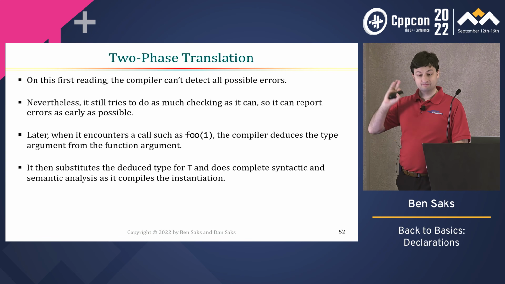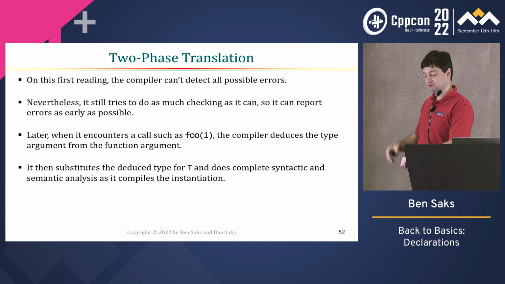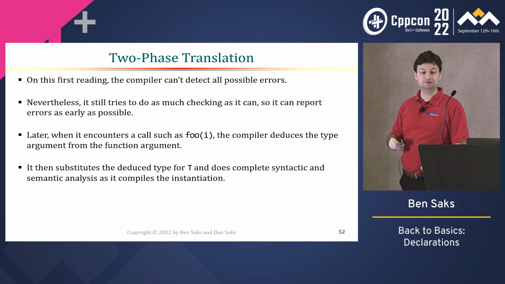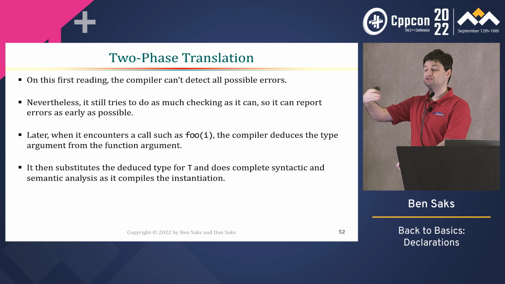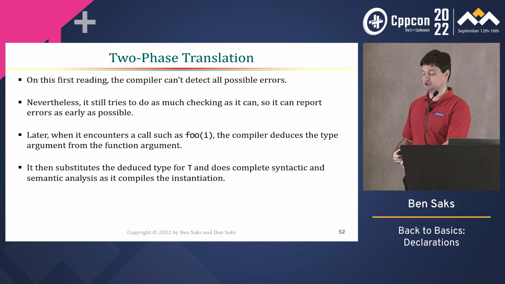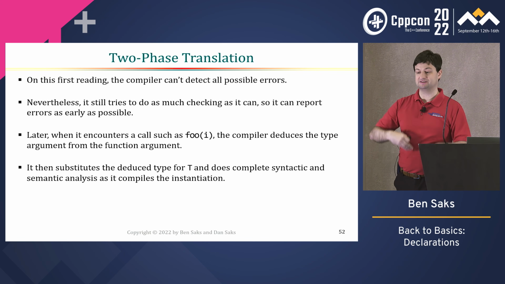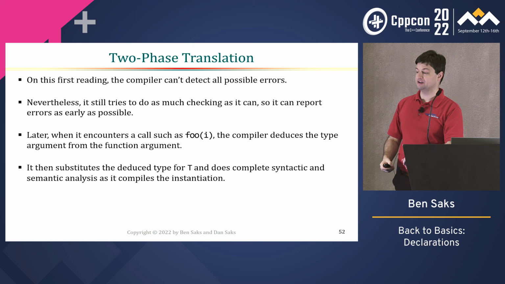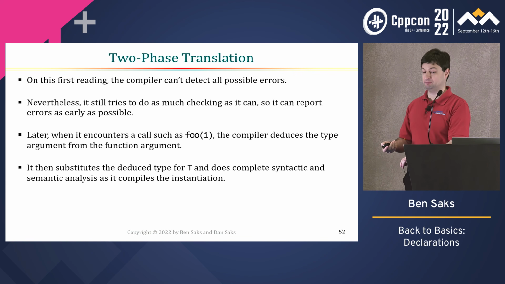Either way, that's when the second phase of template translation occurs, because now the compiler knows what the type argument for T will be. It can go ahead and substitute that into the body of the function and finish out doing the rest of the semantic analysis as part of generating the code for that specific version of the function template.